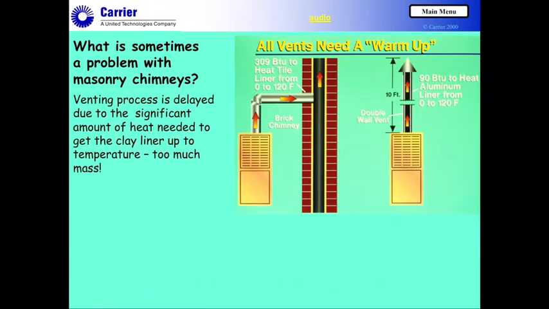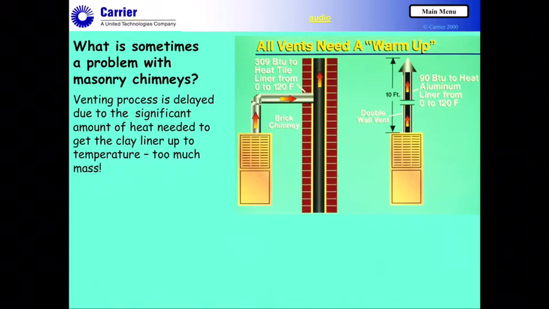Let's take a look at this a little more. Obviously the venting process is somewhat delayed, and that's a little bit of an issue. The image that I'm looking at here shows a furnace that's venting into this masonry chimney. The tile liner is really cold and it's well below the dew point.